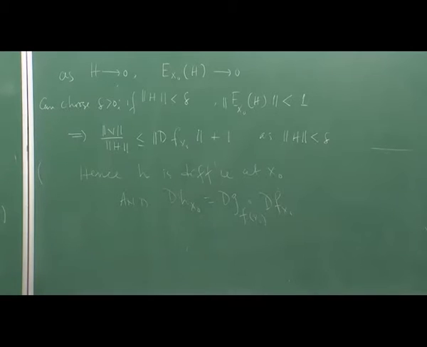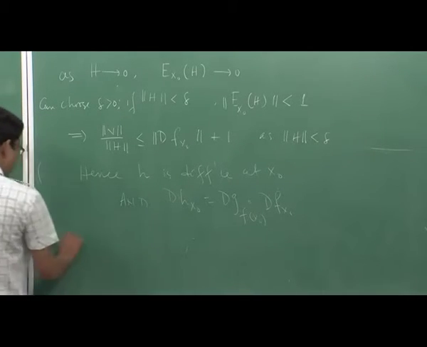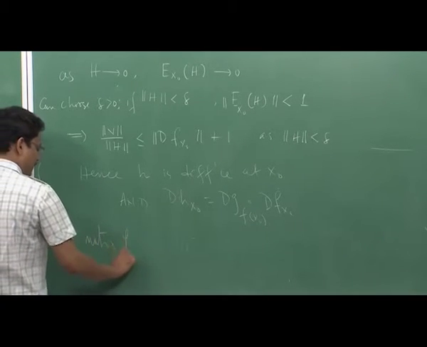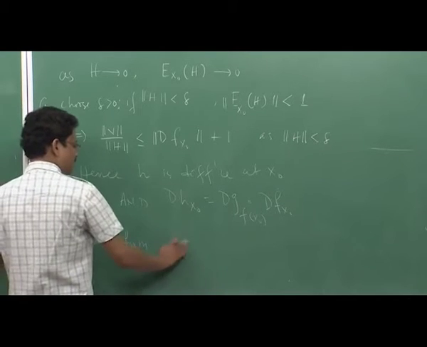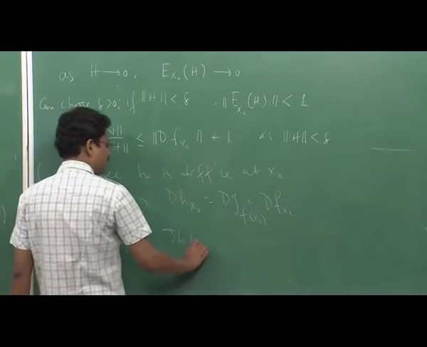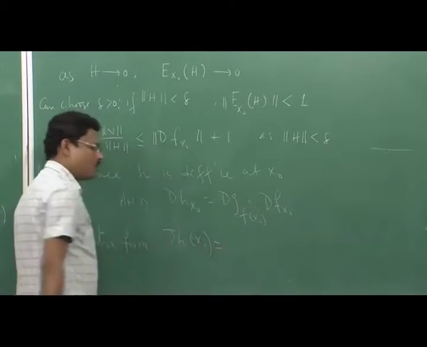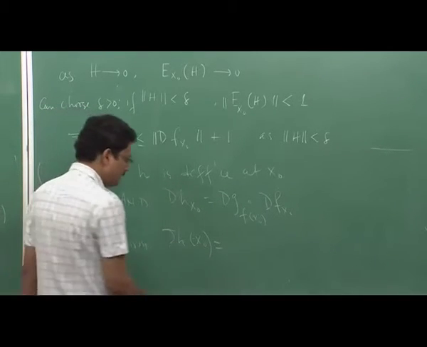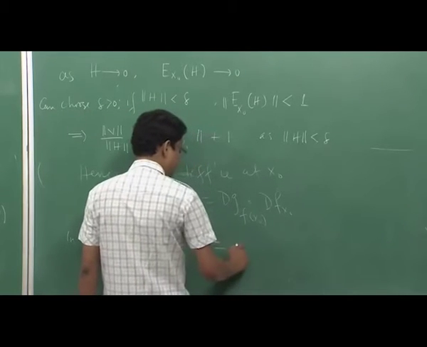If I have a composition of two linear operators and look at their matrices, then in matrix form the Jacobian of H at x naught will be the composition of the matrix of this and this, but matrix composition is simply matrix multiplication that you know from linear algebra.